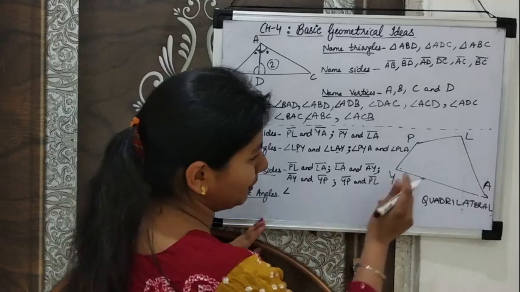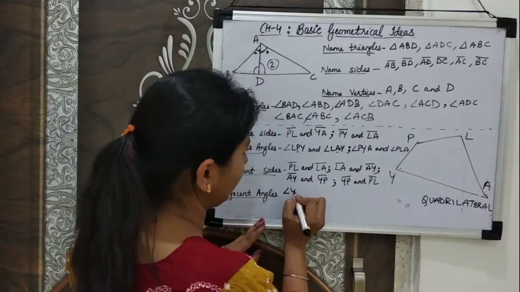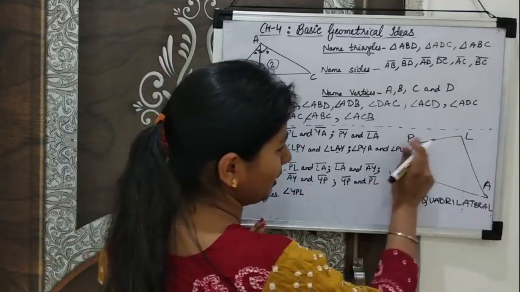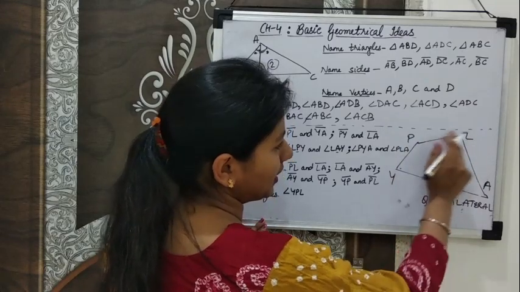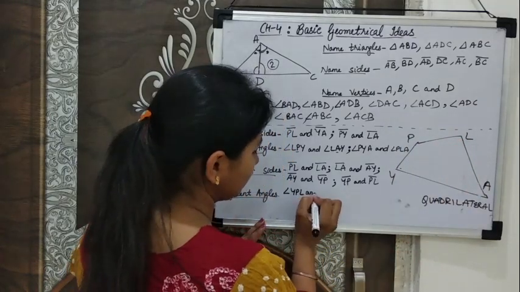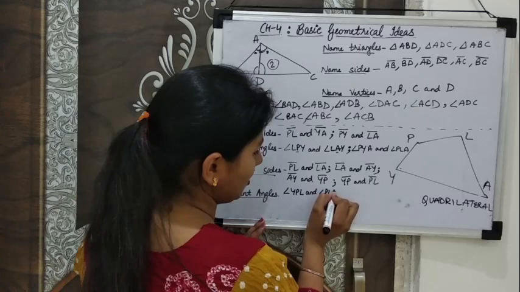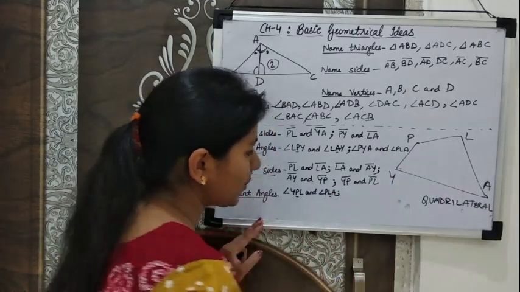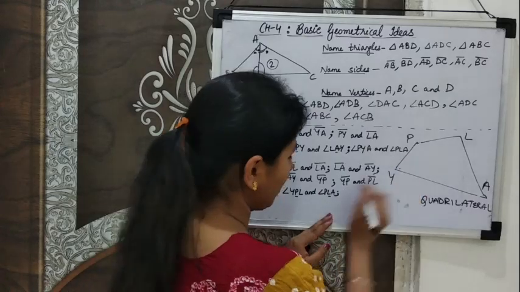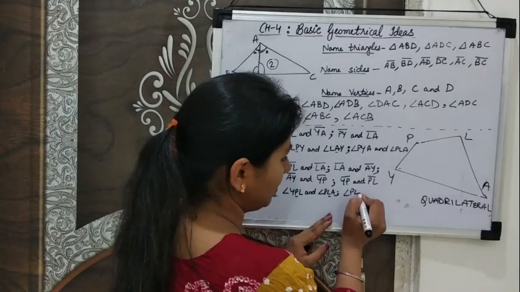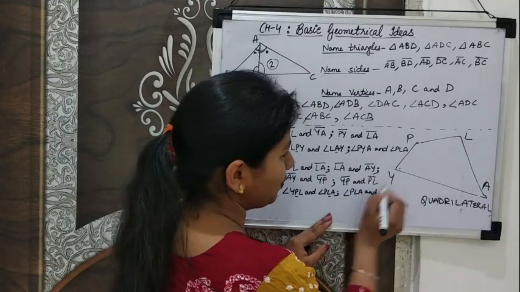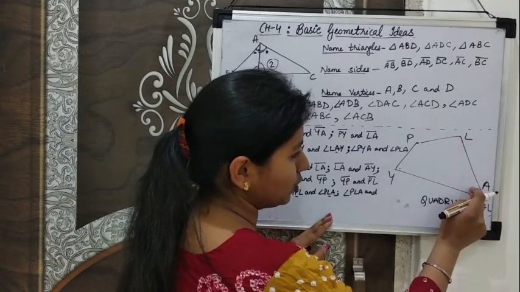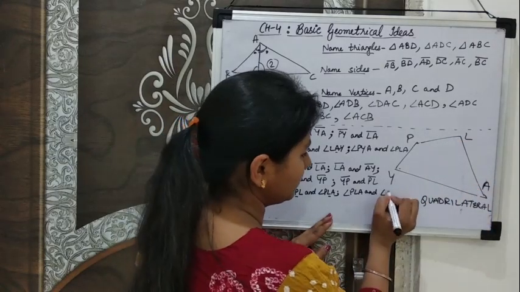So let's name the complete angles. P we write as YPL, and L we write as angle PLA. So this is one pair. This means P and L are adjacent. Okay. Now in another pair, this angle PLA is adjacent to angle LAY.